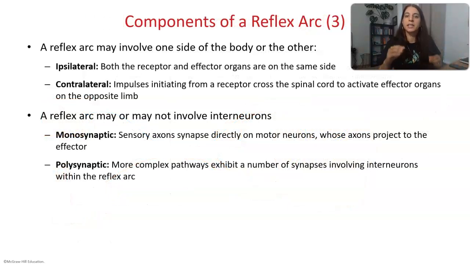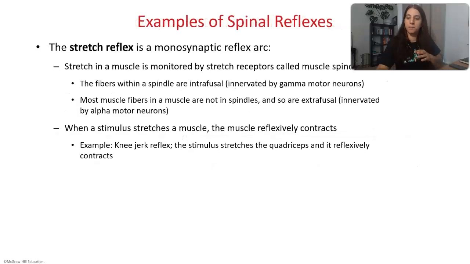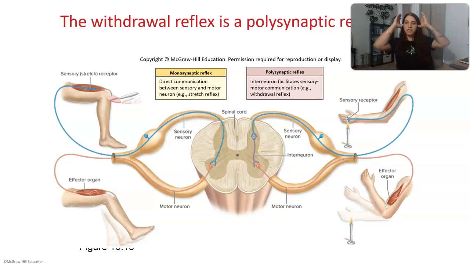A reflex arc can happen on one or both sides of the body, and it can require one synapse or multiple synapses. If it is on the same side of the body, then it's called an ipsilateral reflex.